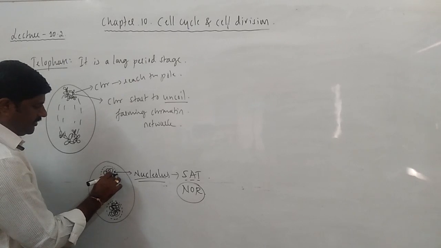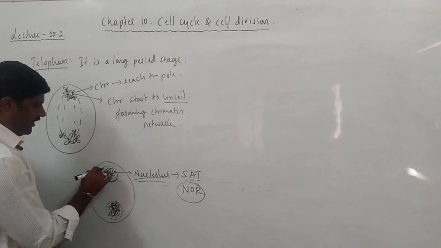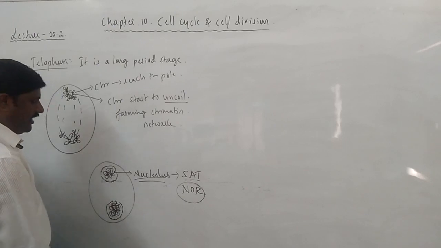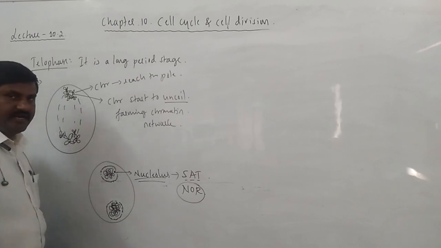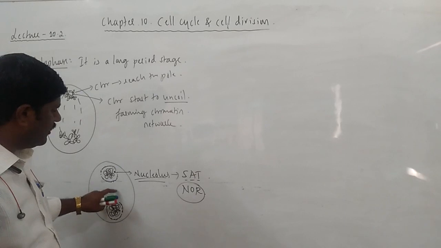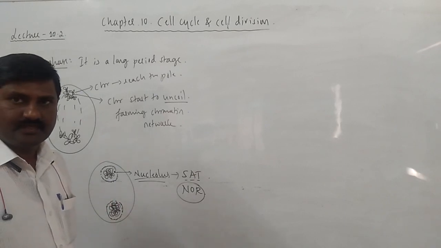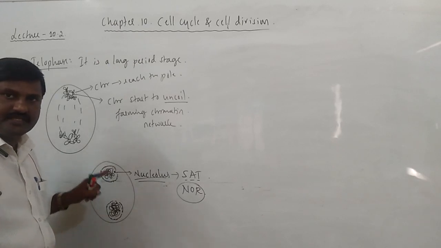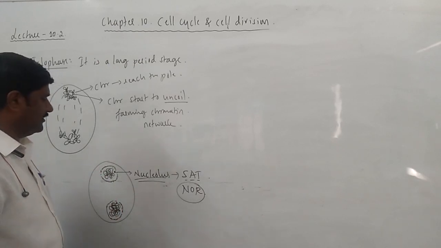After the reappearance of the nuclear membrane as well as the nucleolus, 2 separate nuclei, or daughter nuclei, are formed in the single cell itself.